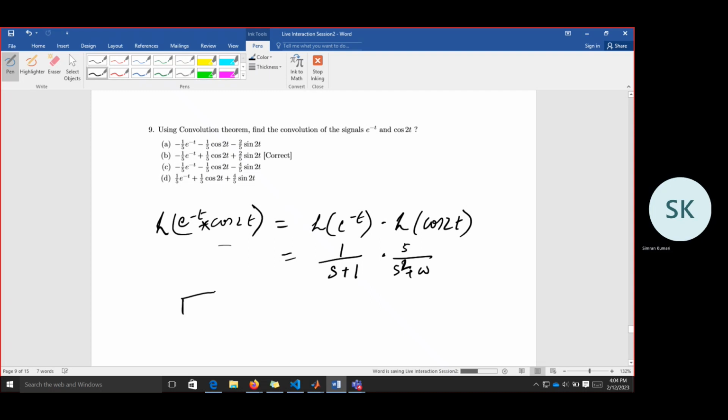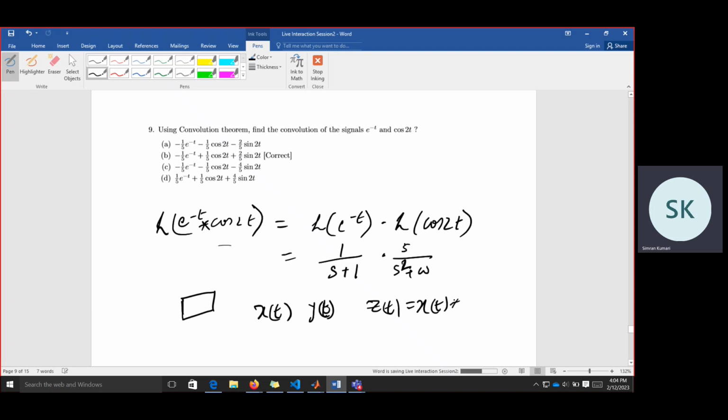Okay. So suppose x(t) is a signal and y(t) is a signal, and you do convolution. Suppose z(t) is the output, z(t) is x(t) convolved with y(t). So it's the integral of x(tau) y(t minus tau) d tau.